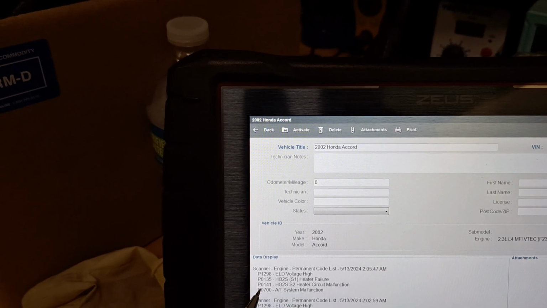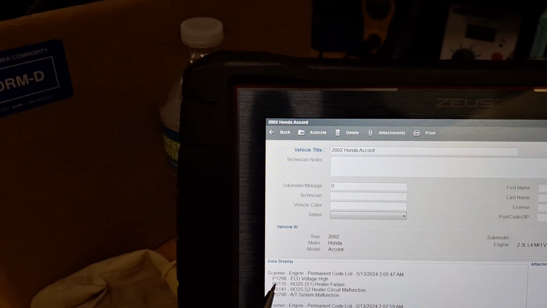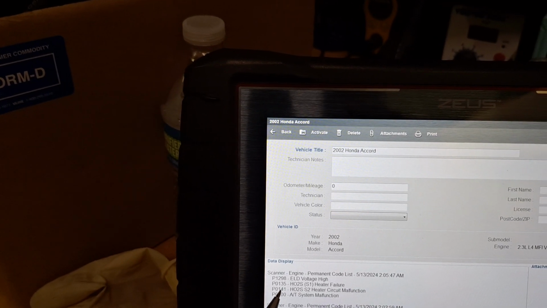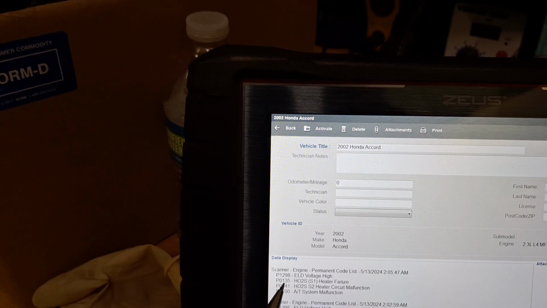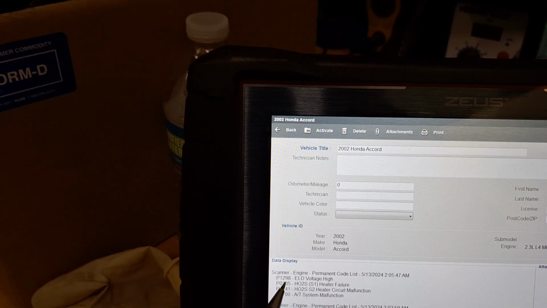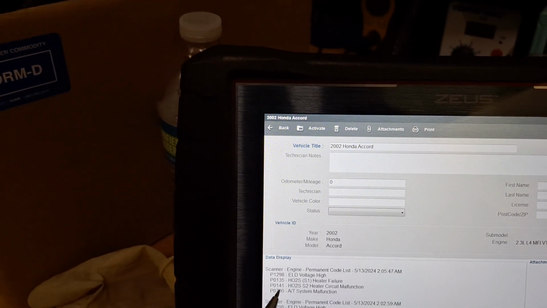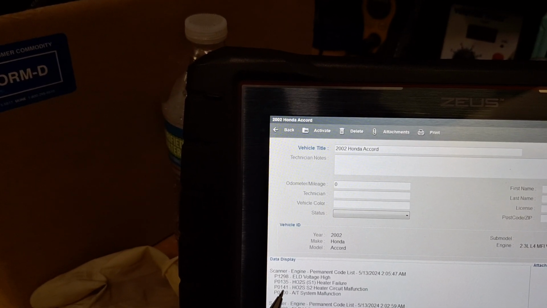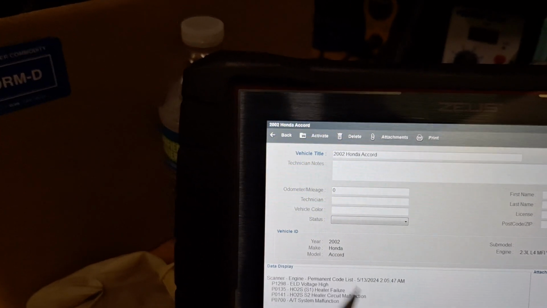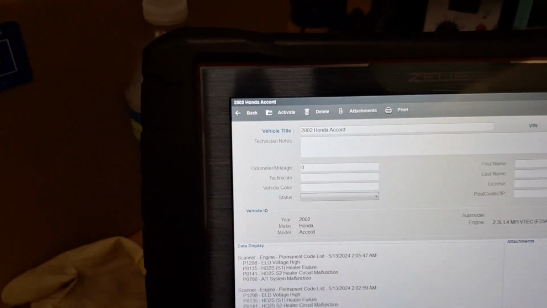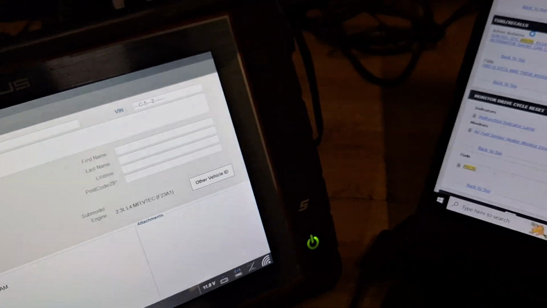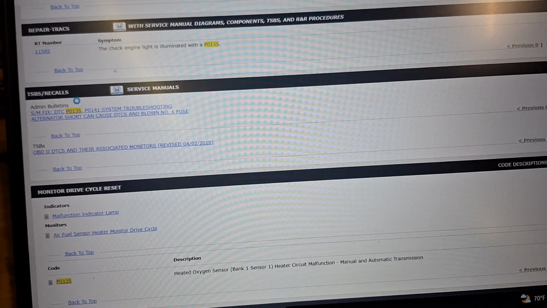So let's look at the wiring schematic and see what we're looking at here, especially this code, ELD voltage high, and all these, to see if they're related to each other or not. Let me pull up some wiring diagrams.